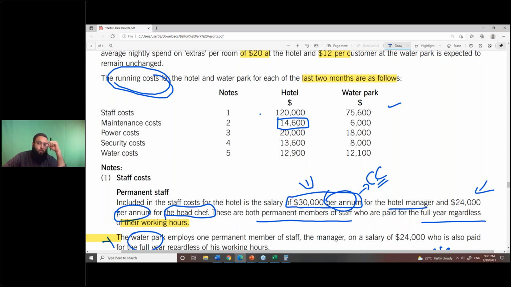So how much do you think is relevant incremental for this decision to keep it open? Because 14,600 I'm paying right now, and 4,000 is something that I will continue to pay, which means the difference of these two is what I will consider as incremental if I continue opening the park. The incremental, the additional. So that's what I need here.